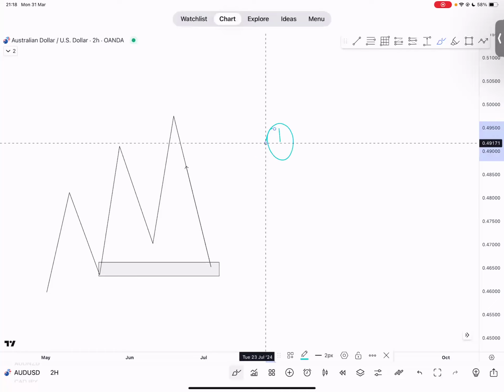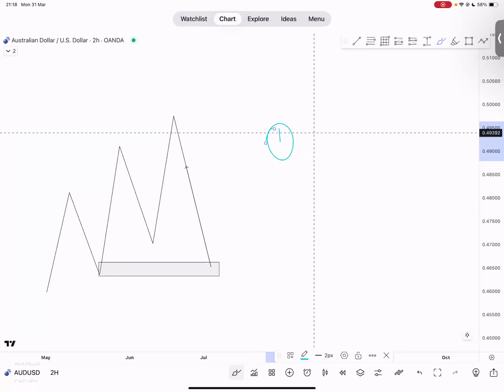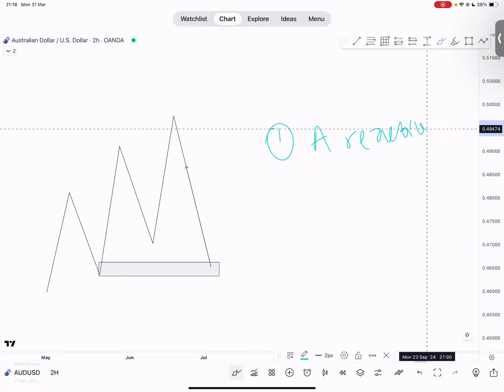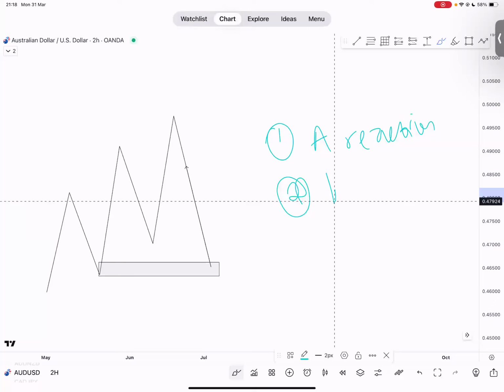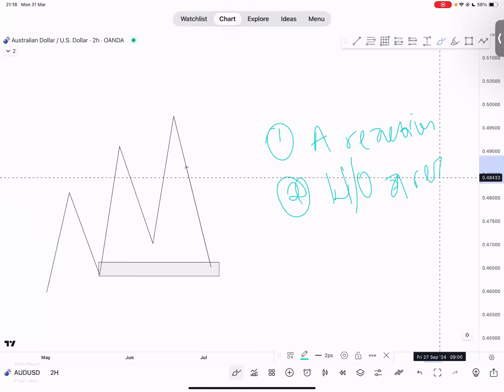One, the failure of a demand zone with a reaction to it, or two, when it fails without a reaction. These are two ways that a demand zone can fail.